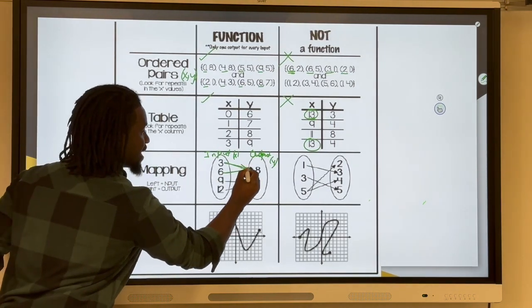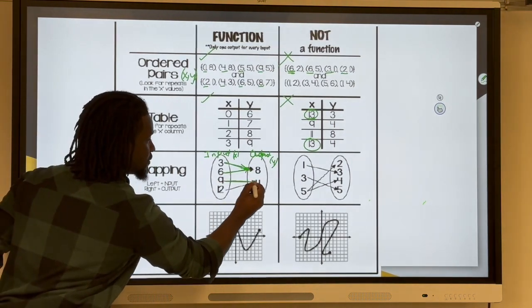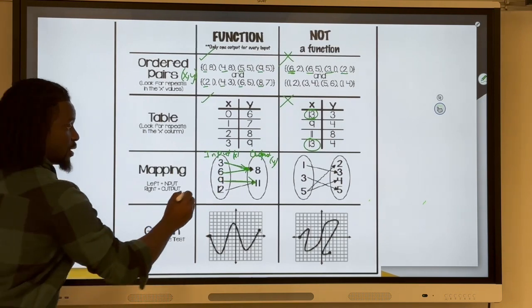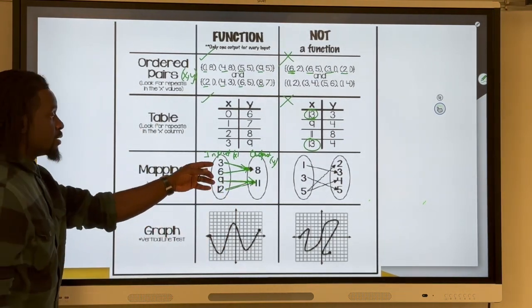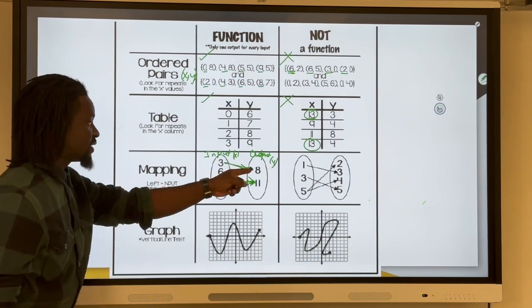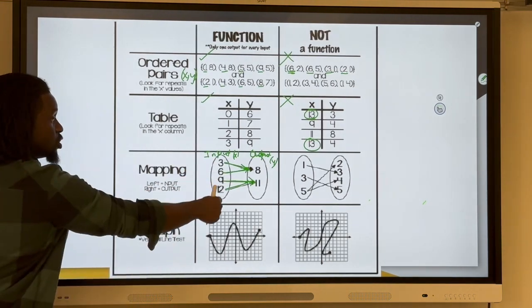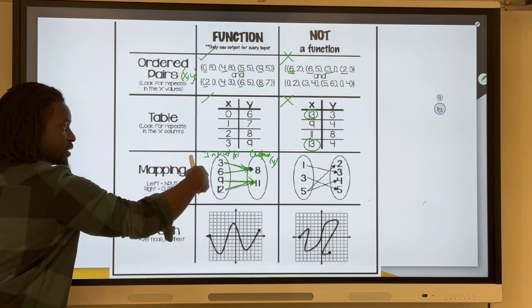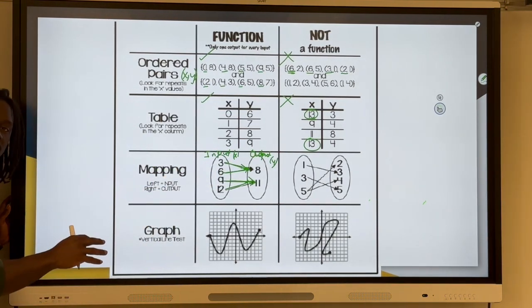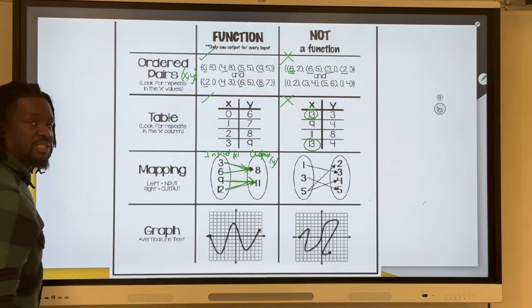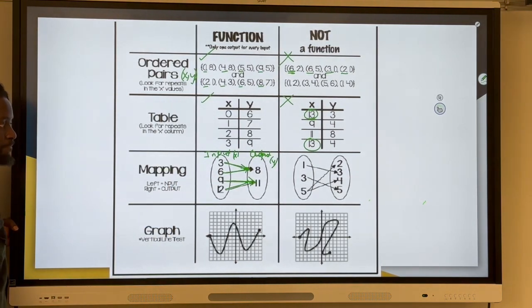Only one line can be drawn from each x. Only one. Now, again, for 3 is 8, 6 is 8, 9. Again, on this side, the x's are not repeating. In other words, there are not multiple lines coming from the same x.